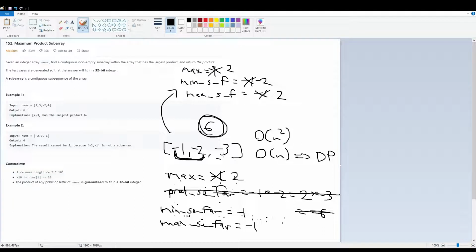And now let's look at this variable, minus 3 here. So what we would do here at minus 3 is multiply by min so far and max so far, and take the min in min so far and take the max in max so far. So for example, 3 times minus 2 is now 6. So it'd be 6.